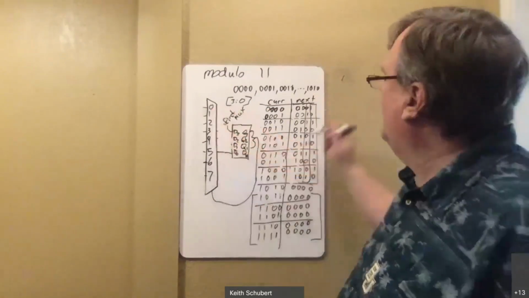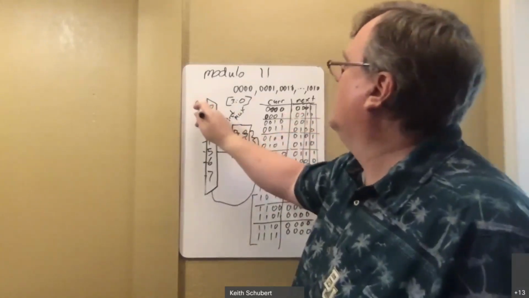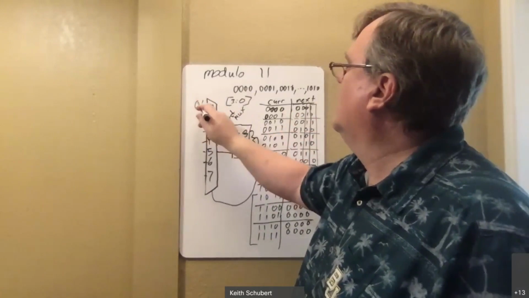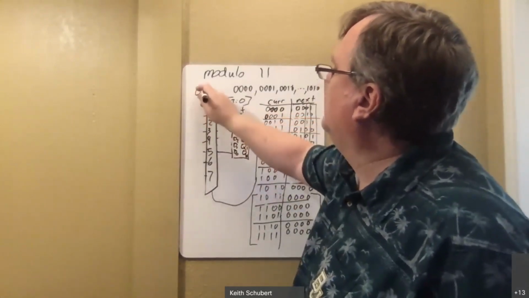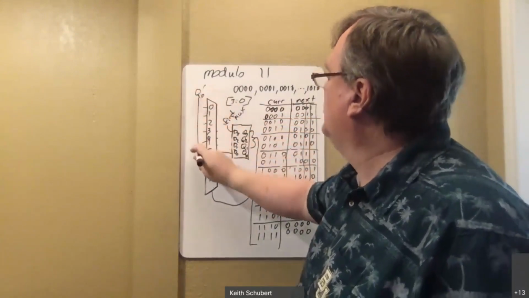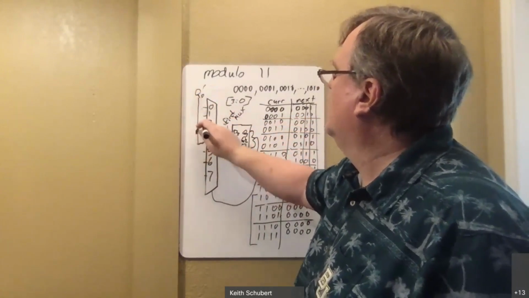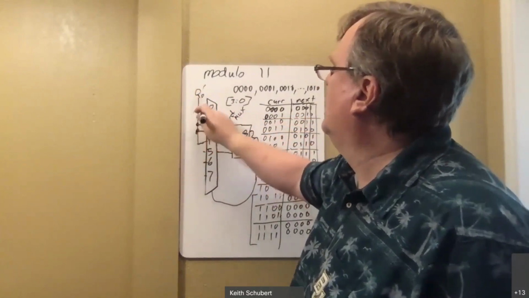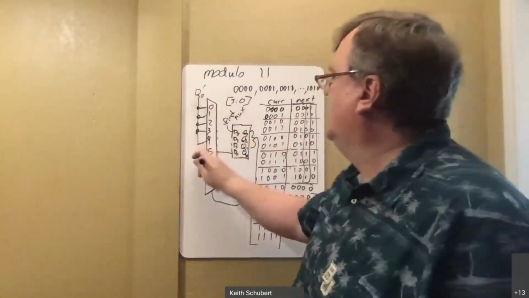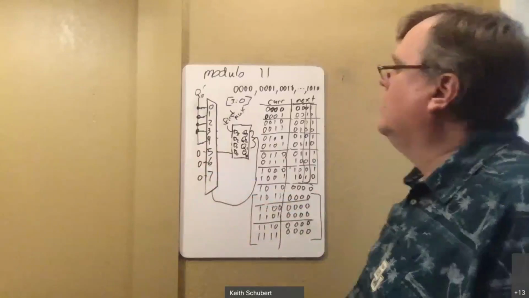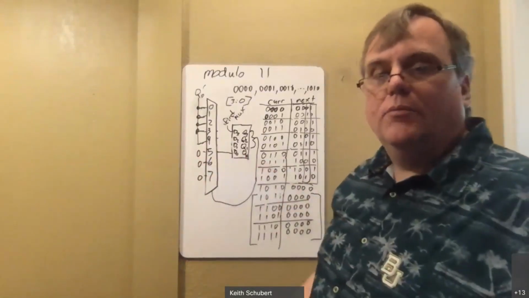The first 5 of them is always 1, 0, which is Q0 prime. I want to do this really fast and easy because I don't feel like writing them all. And then everything else is 0. That's the least significant bit. And I am done with number 3.